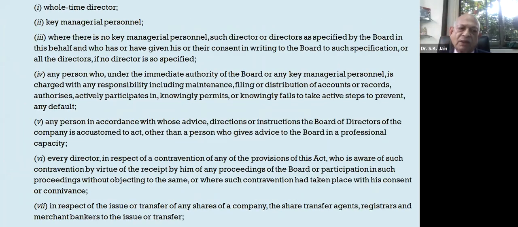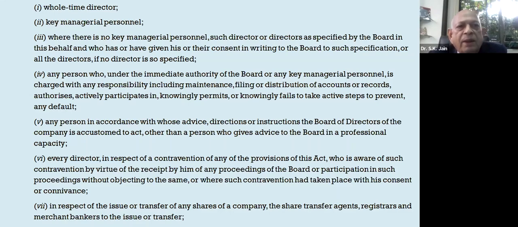Now, what does section 2(60) say? Who are there? Officer in default: whole-time director, key managerial personnel. Key managerial personnel under the Companies Act 2013 are the whole-time director, managing director, CFO, CEO, and company secretary. They are known as KMP. So if the company has a whole-time director, he will be responsible.